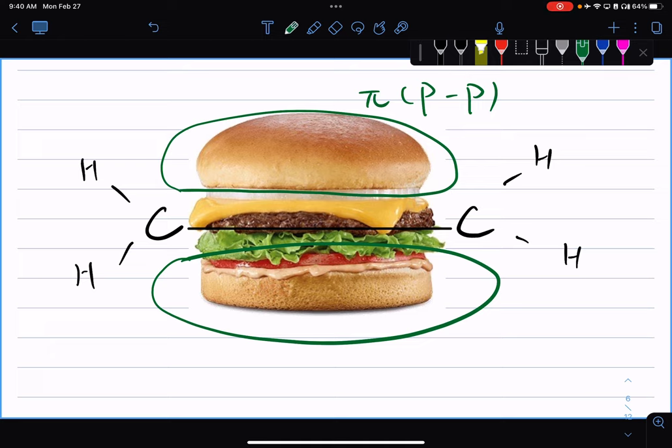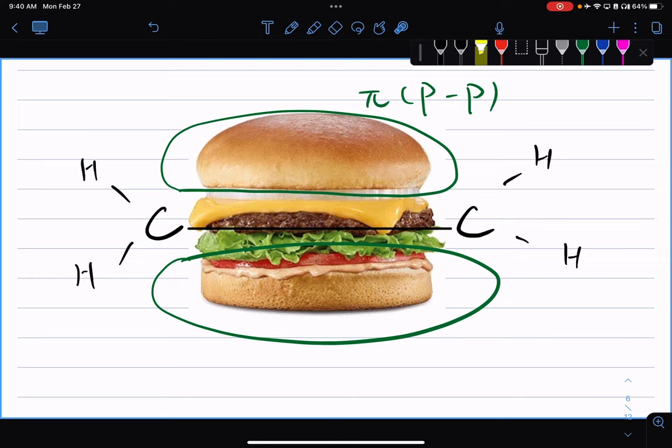Don't mix them together. Whenever we're talking about non-bonding, we're saying that atomic orbital is not interacting at all with anything. But here, the p atomic orbital of your carbon is interacting with another p atomic orbital of the other carbon. So that makes a chemical bond, and this chemical bond is called a pi bond.